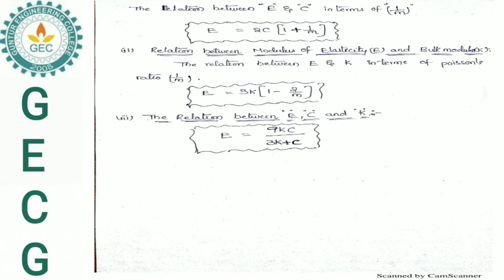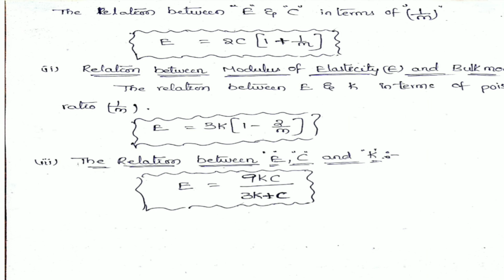First important formula, relation between Young's modulus and modulus of rigidity. That means E and C in terms of Poisson's ratio 1 by m. Important formula, capital E is equal to 2C times (1 plus 1 by m).